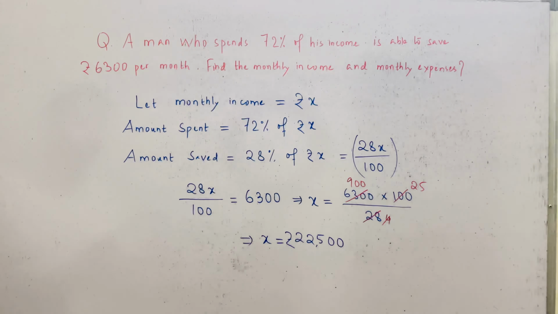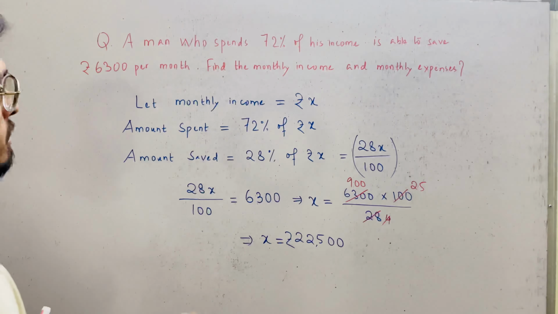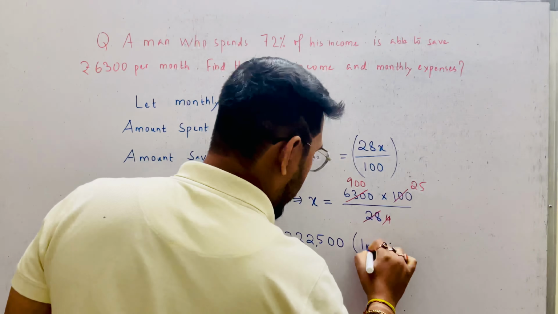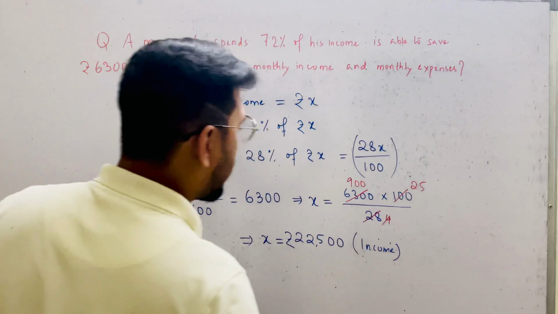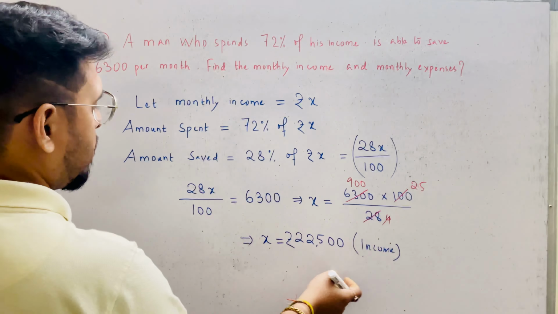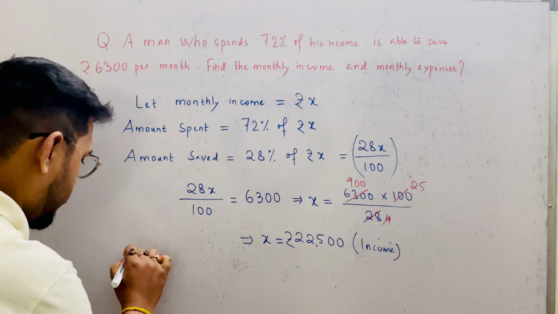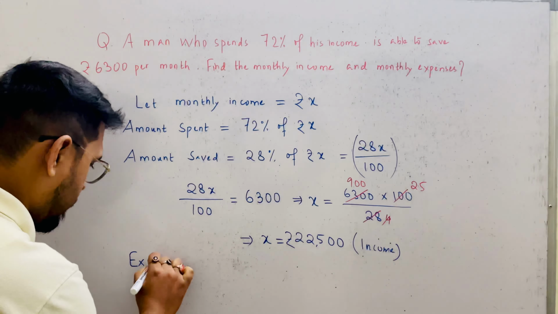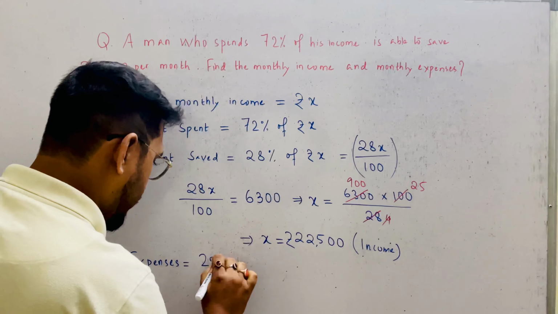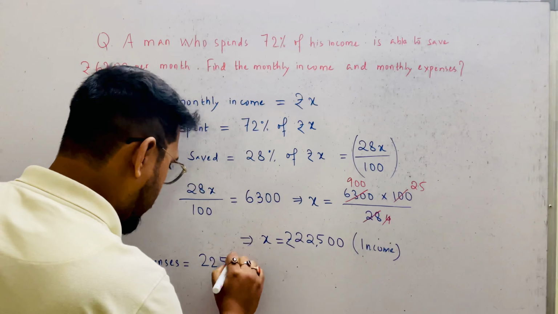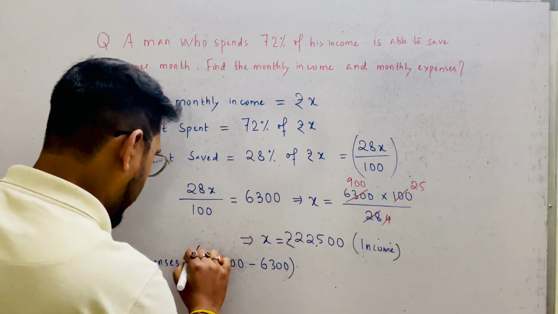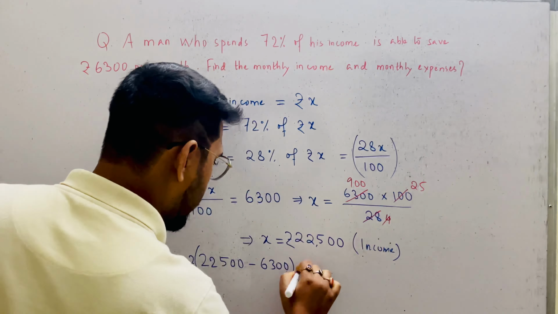So this is the amount he earns, this is the monthly income, right? So if this is the income, what will be the expenses? You simply subtract the savings from the income, you get the expenses. So expenses will be 22,500 minus 6,300.